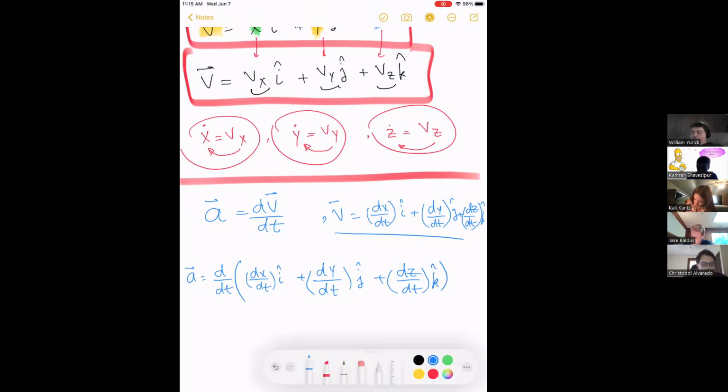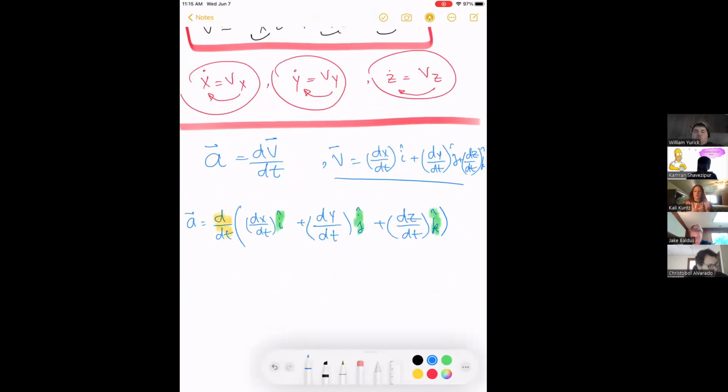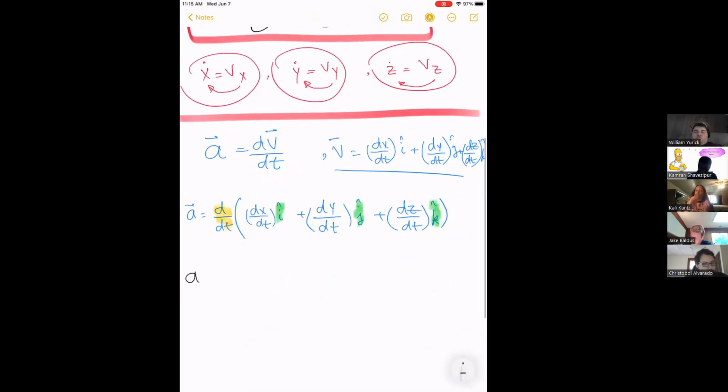Again, we're going to take the time derivative of these components. Once more, i, j, and k are constant vectors. They don't have derivatives, right, Kelly? Right. Yeah, okay. So what remains for the derivative is going to be this term.